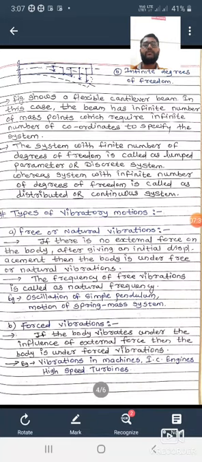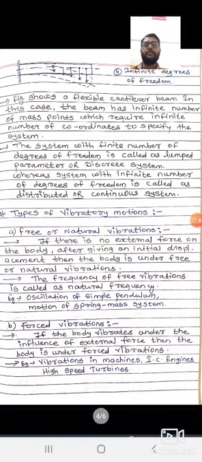The frequency of free or natural vibration is called the natural frequency. Examples of free or natural vibrations are oscillation of a simple pendulum and motion of a spring mass system.